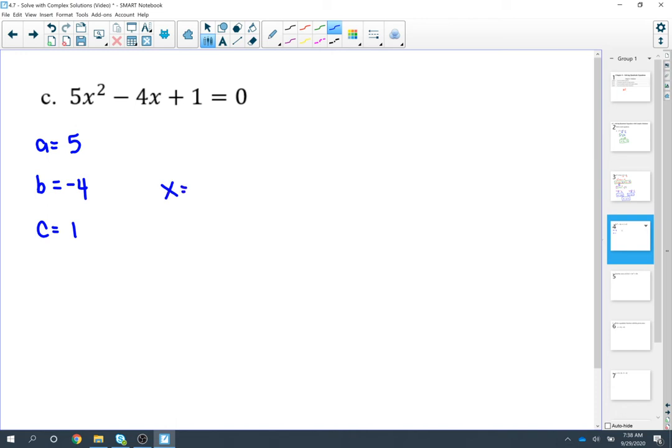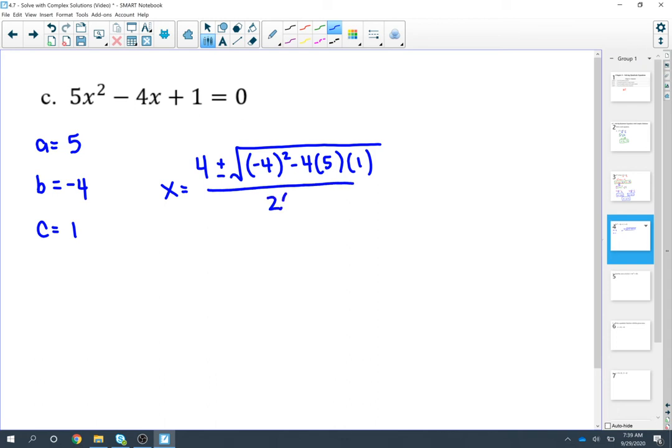So x equals the opposite of b, which is 4, plus or minus the square root of, in parentheses, negative 4 squared minus 4 times 5 times 1, all over 2 times 5. x equals 4 plus or minus. I'm still going to put my square root, I'm just going to make it a little bit smaller.